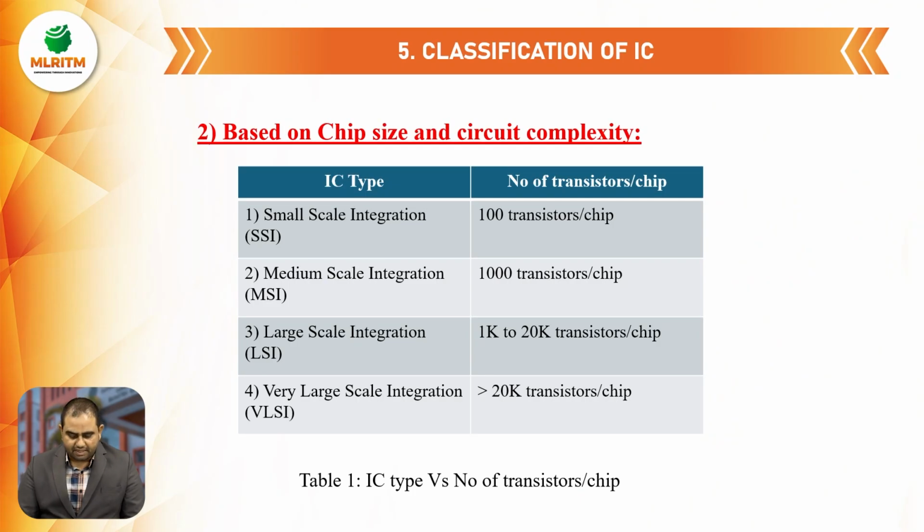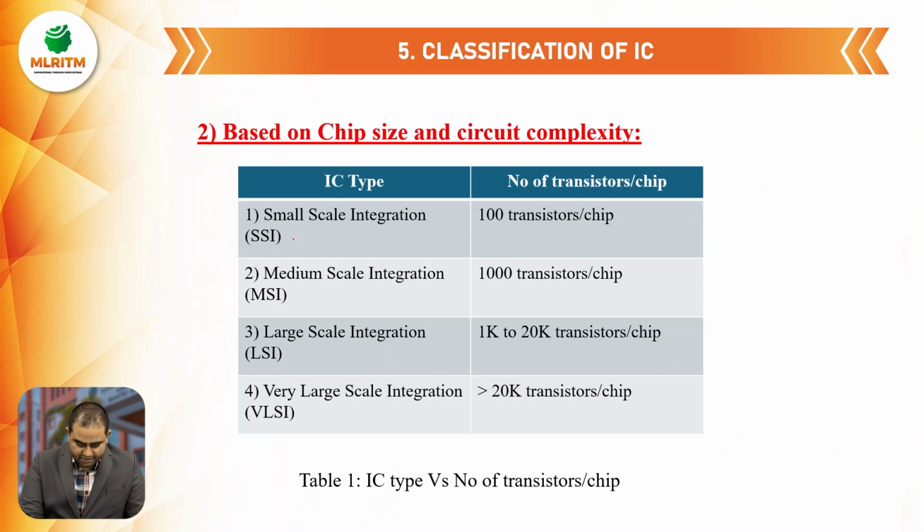Coming to the second classification, that is based on chip size and circuit complexity. Here 4 types of ICs are available and the number of transistors is also given on the right side of the table. Here we have taken a total of 2 columns. The first column is the IC type and the second column is the number of transistors per chip. Per chip means per IC.